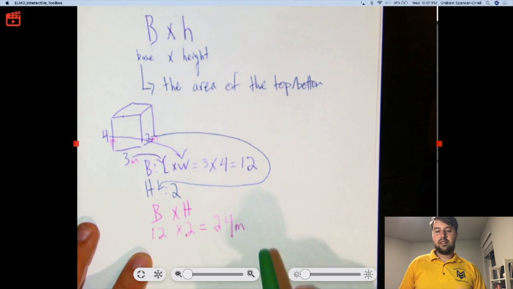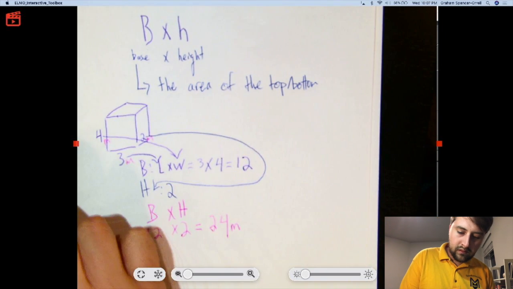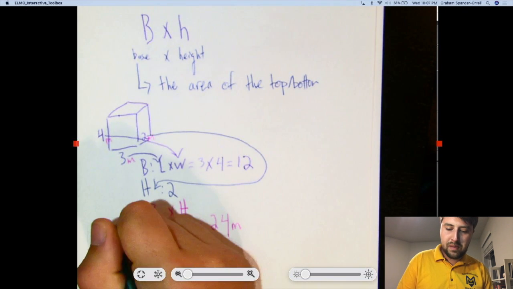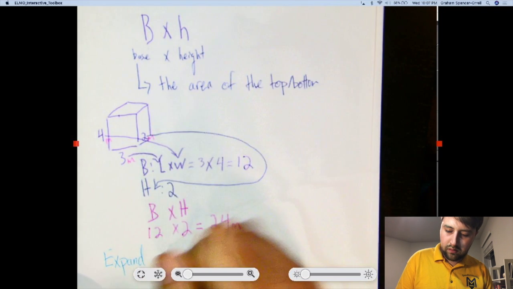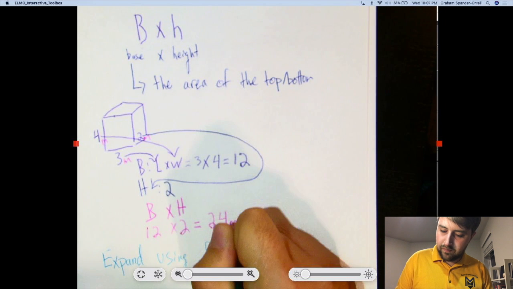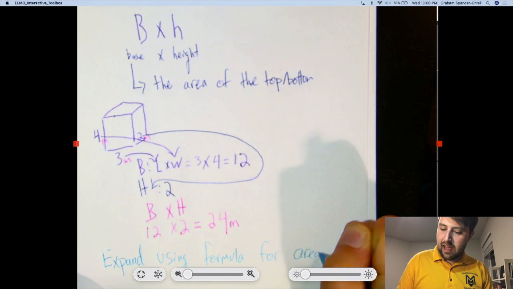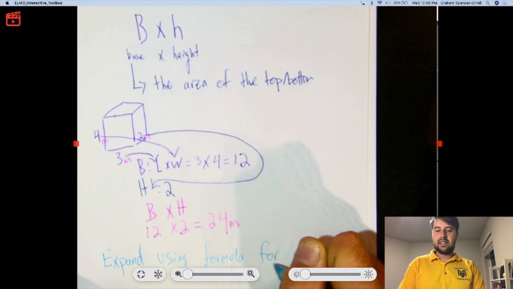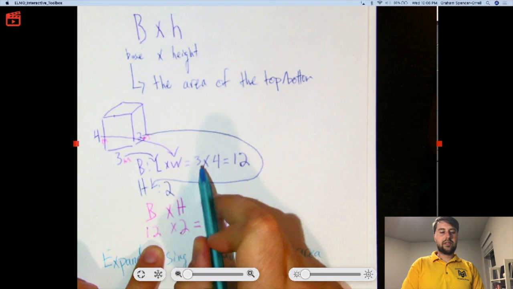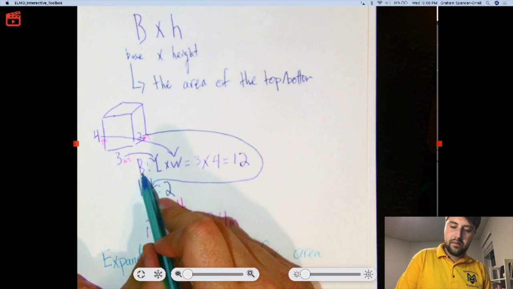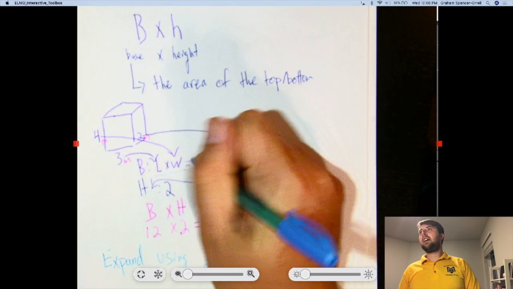Now, if we're going to expand this, you can expand it using the formula for your base area. That's just where we put everything together. So we had it separated into two parts. We had the length times the width that equaled the base. And then we had the base times the height. We're just going to put all of that in for B down there.